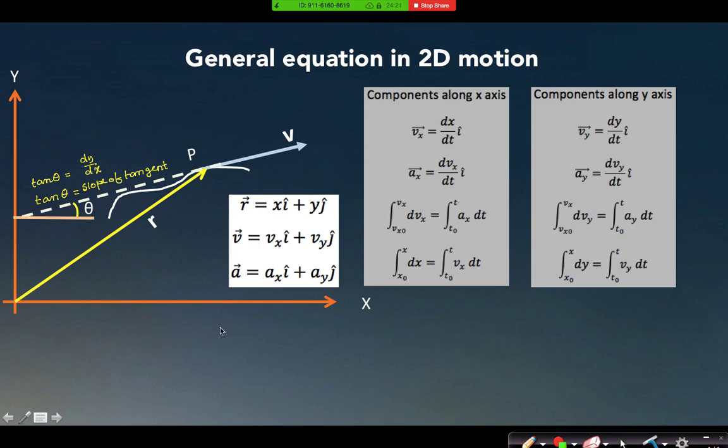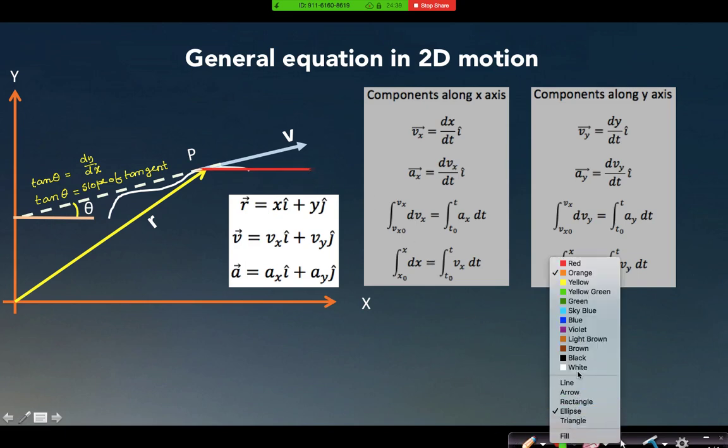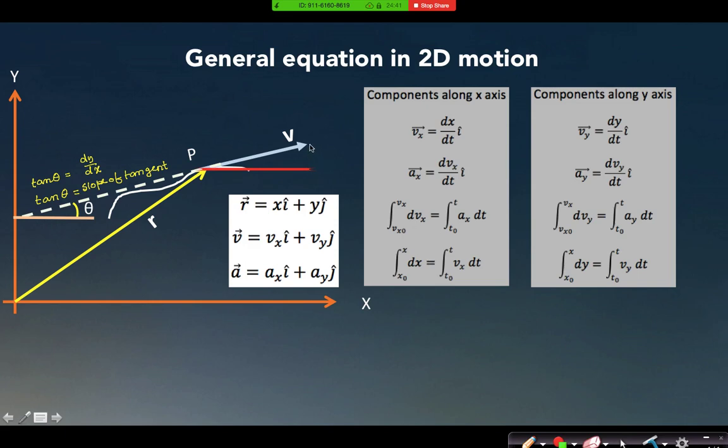If I take the components of this velocity vector along the x and y axes, let us assume this to be the x component of the velocity vector, and this to be the y component.